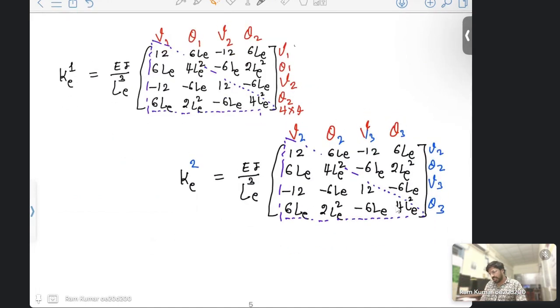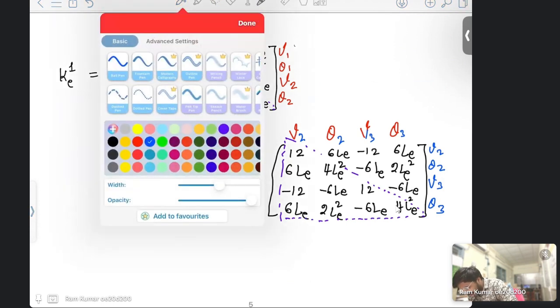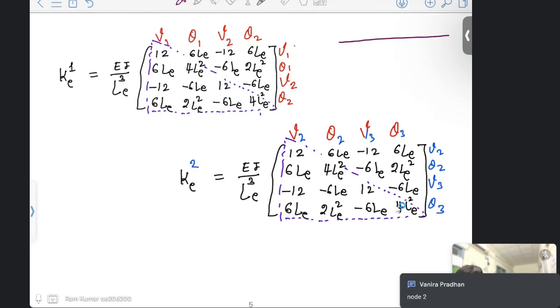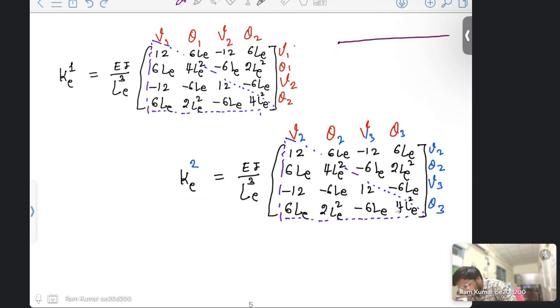Now, first you have to remember to check which node is common between these elements. If I draw the element here, this is our actual element. This is our full node 2. So node 2 is common. This is the second node, this is the third node.